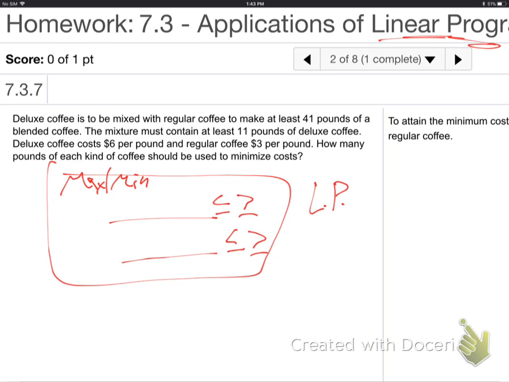It's either going to be maximized, and these are both less than, or it's going to be minimized, something like 3x plus 2y, and these are going to be greater than a number.